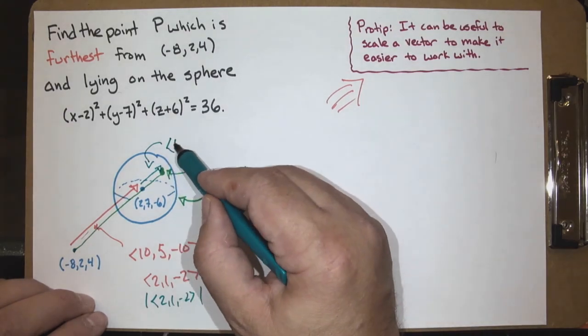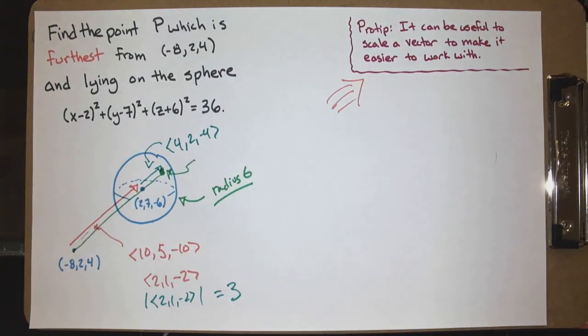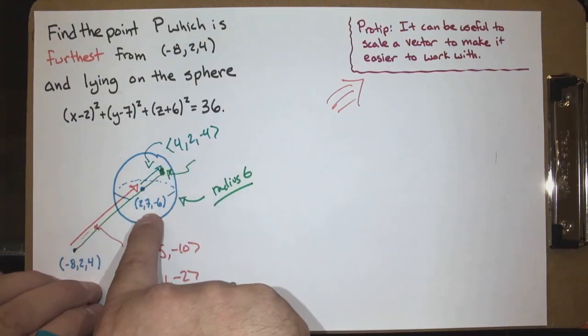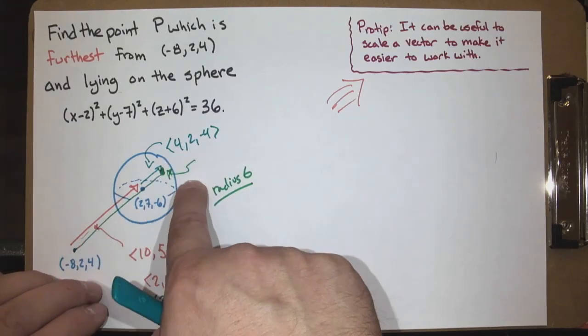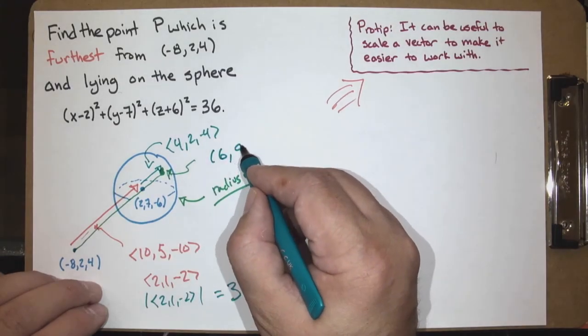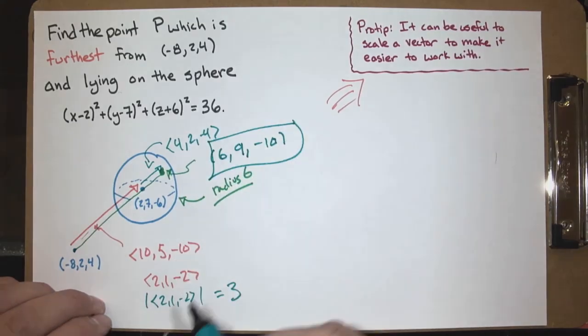So we need to go 4, 2, negative 4. Because if I have a vector of length 3 and I double it, I have a vector of length 6. Now, that's not the answer. That's how much I have to change by. So what is the answer? 6, 9, negative 10. Oh, I guess we will do the problem.